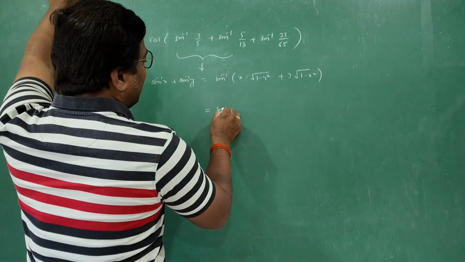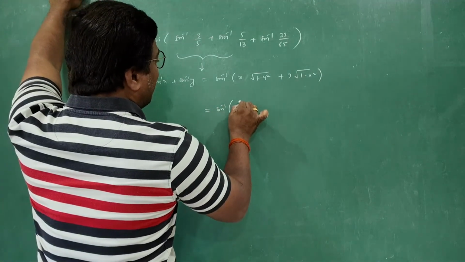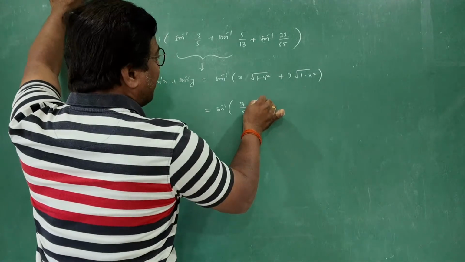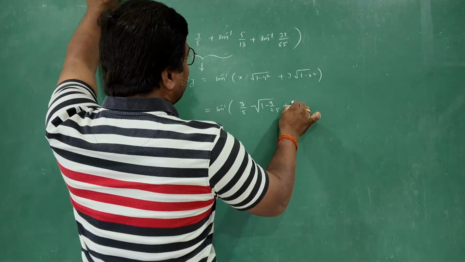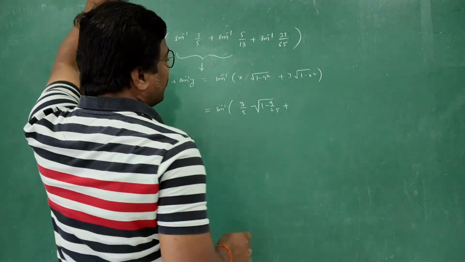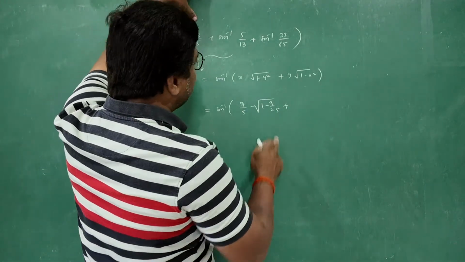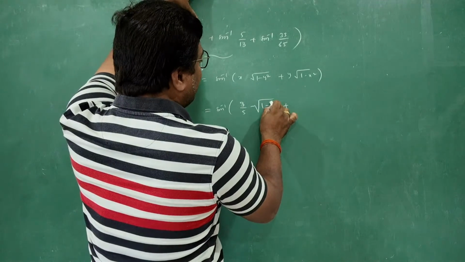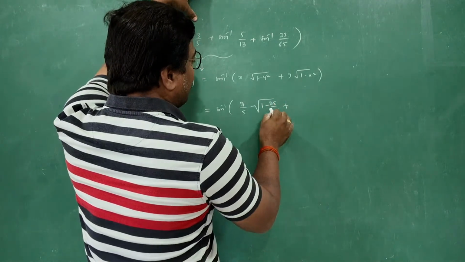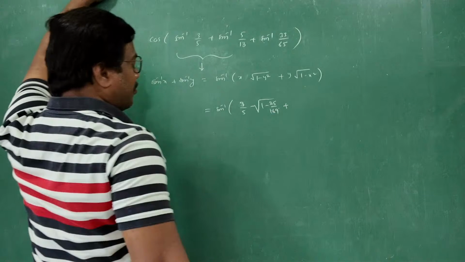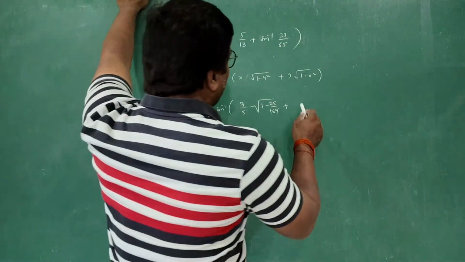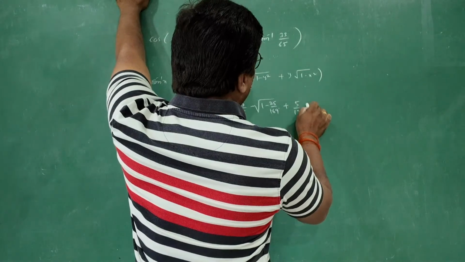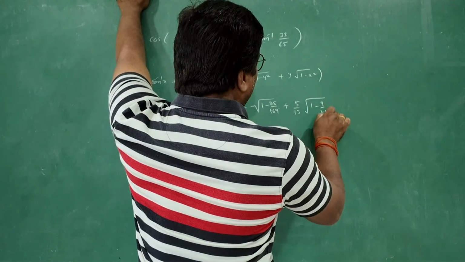So it becomes sine inverse of 3 by 5 multiplied by root over 1 minus 25 by 169, plus the y value. Actually this is y, right? Y value is 5 by 13, times root over 1 minus 9 by 25.